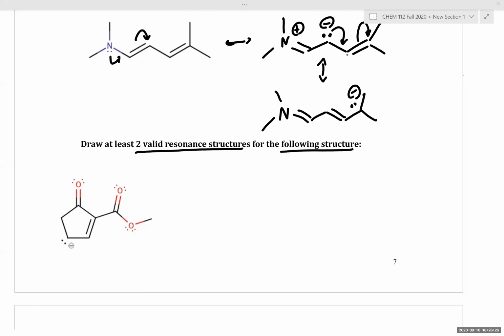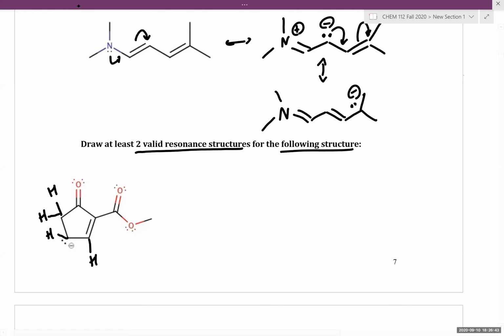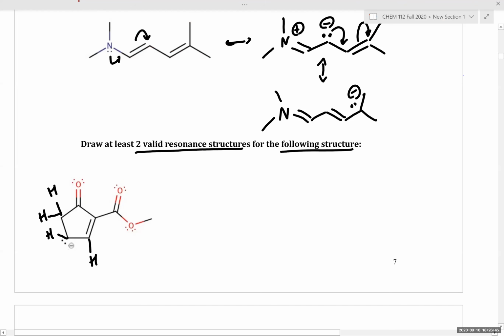So let's talk about this. So first, when you're starting out drawing resonance structures, let's just draw out our hydrogens. Let's make this as clear as possible where all our hydrogens are. Okay, now that I've done that, following our rules, we can push our electron density into any pi system.